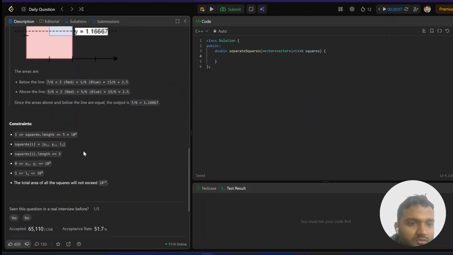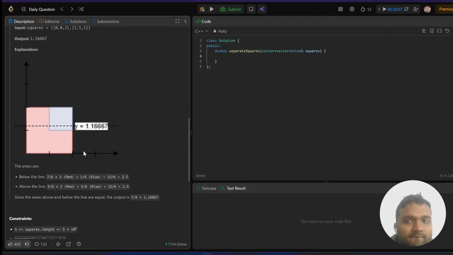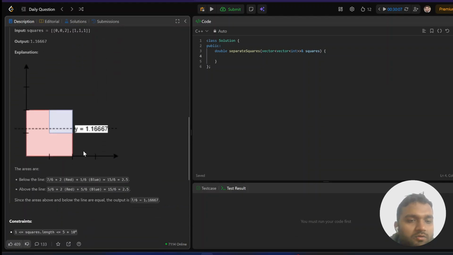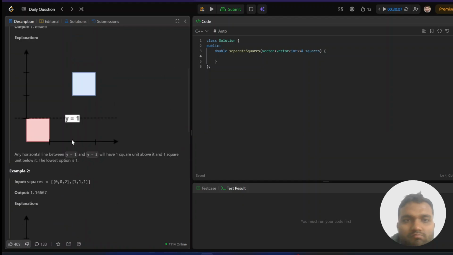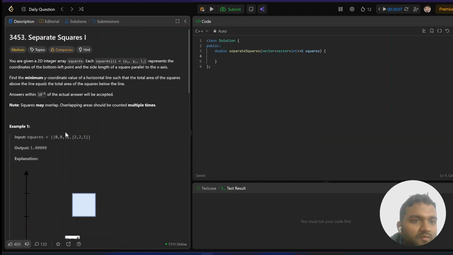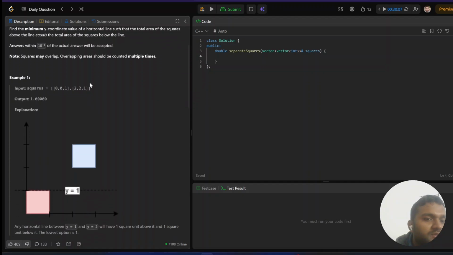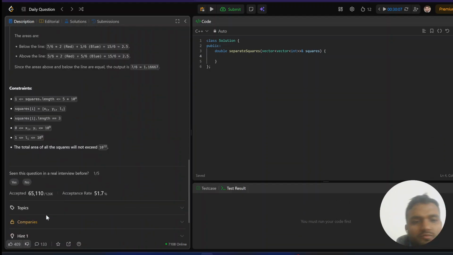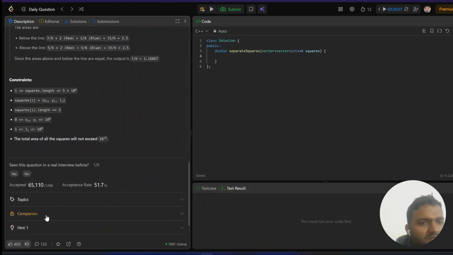Total area 0. What is the meaning of this? Find the minimum y coordinate value of a horizontal line such that the total area of the squares above the line equals the total area below. Any y started from, so each y will go to negative? I don't think so.